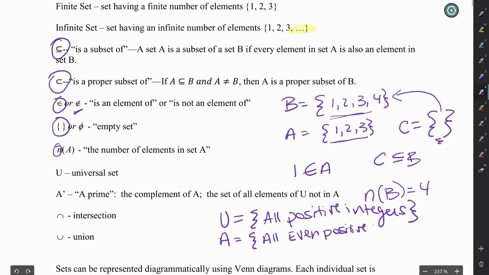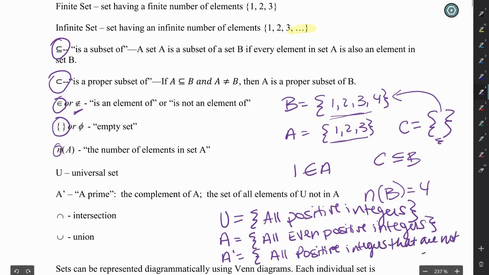And that means that A prime would be all positive integers that are not even.